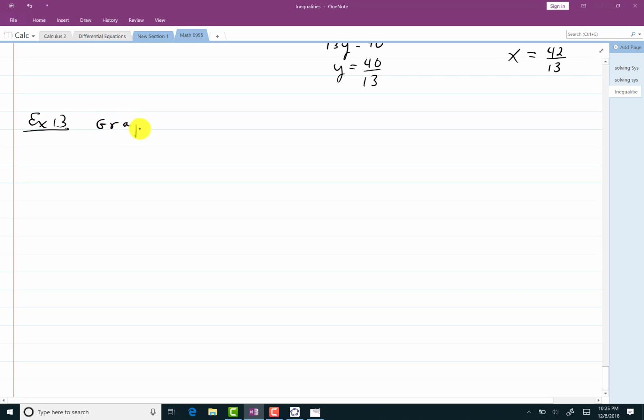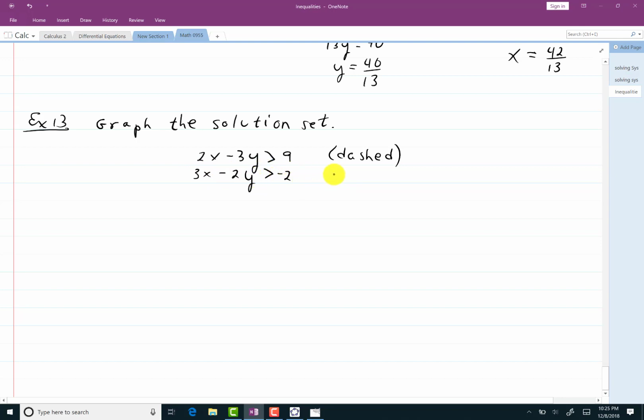I actually want you to graph the solution set. And we have 2x minus 3y is greater than 9. So that's a dashed line for that. And then the other one is 3x minus 2y is greater than negative 2. So that's also dashed.